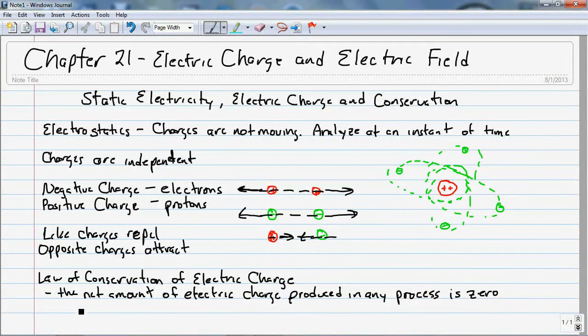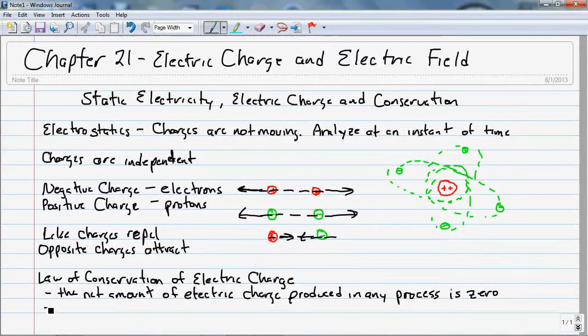Meaning that if you have a certain amount of charge and some charge goes away, then there's going to have to be more charge made to be able to keep that total net. There can't be any non-zero amount.